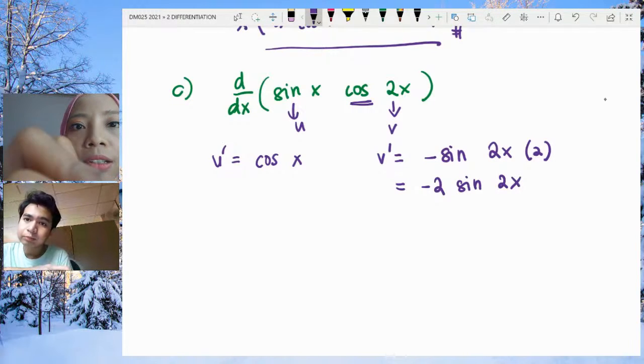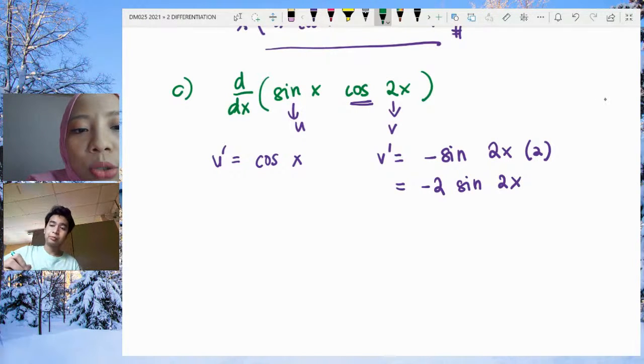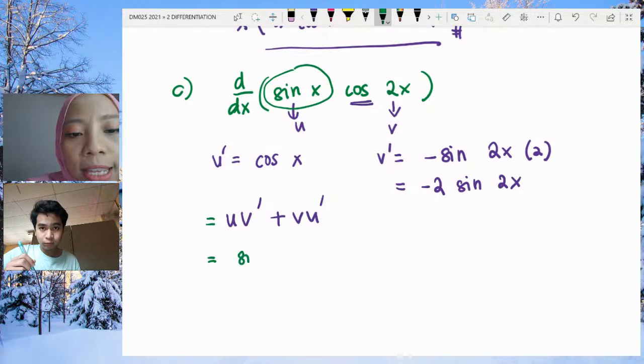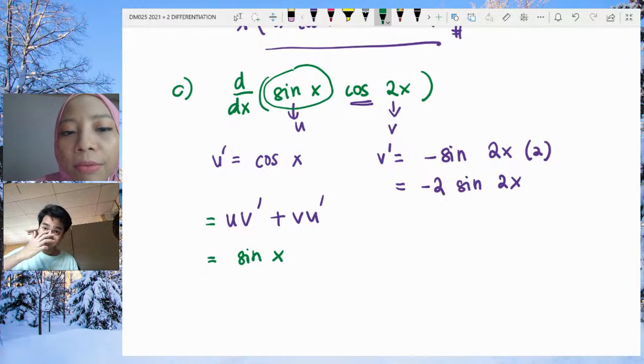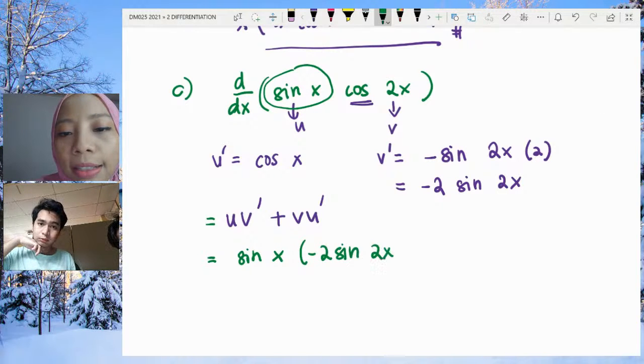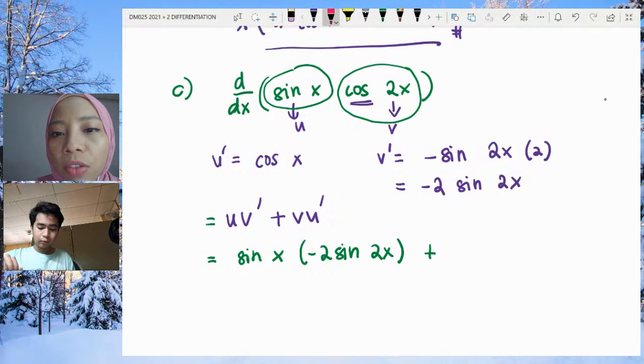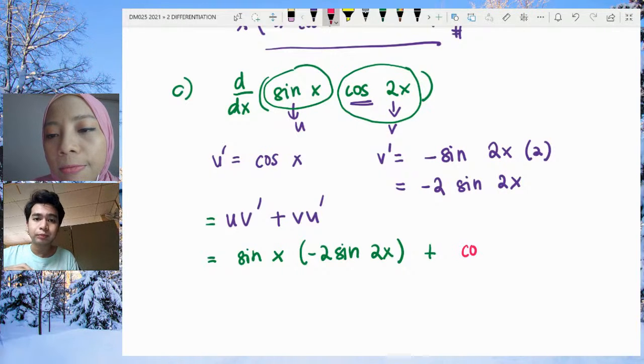Okay? Alright. Your formula u v prime plus v u prime. Yeah? Okay. So, your u is sin x. So, sin x. What is your v prime? V prime is negative 2 sin 2x. Okay. And lastly, what is your v? V is this one, V. So V is cos 2x.